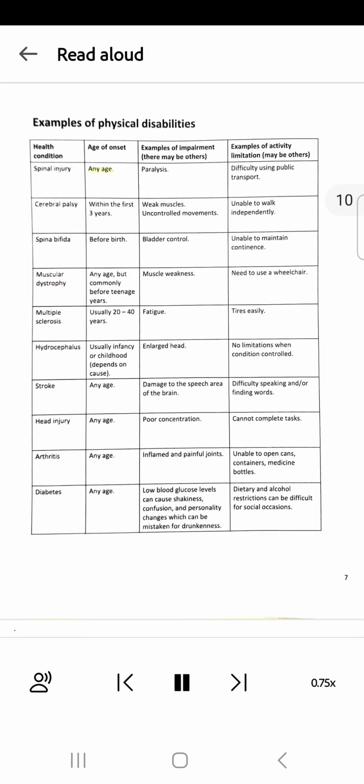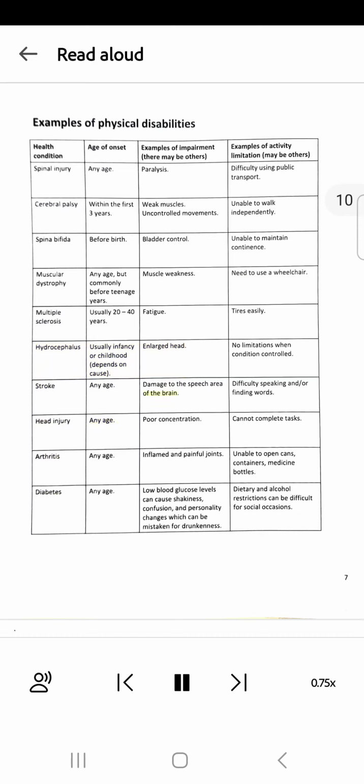Age of onset varies: any age, commonly before teenage years, usually 20 to 40 years, usually infancy, or childhood, depending on cause. Examples of impairment include paralysis, uncontrolled movements, bladder control, muscle weakness, fatigue, enlarged head.